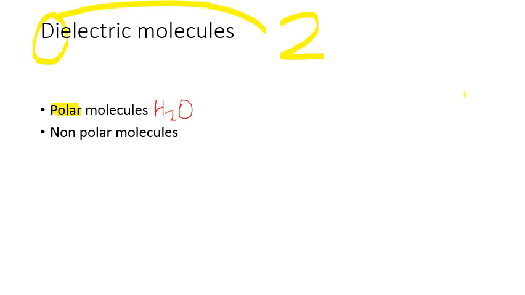However, in the case of non-polar molecules, the molecules give the behavior only in the presence of an electric field.